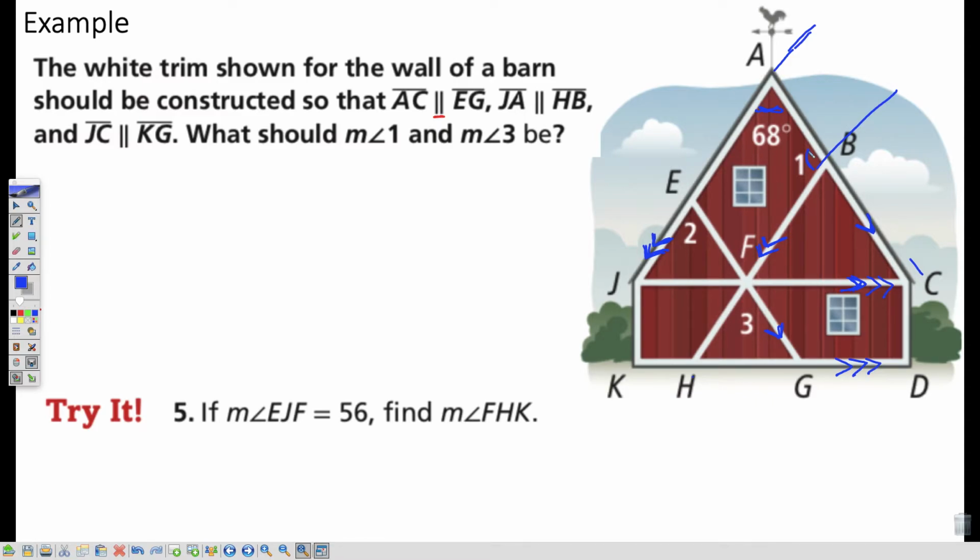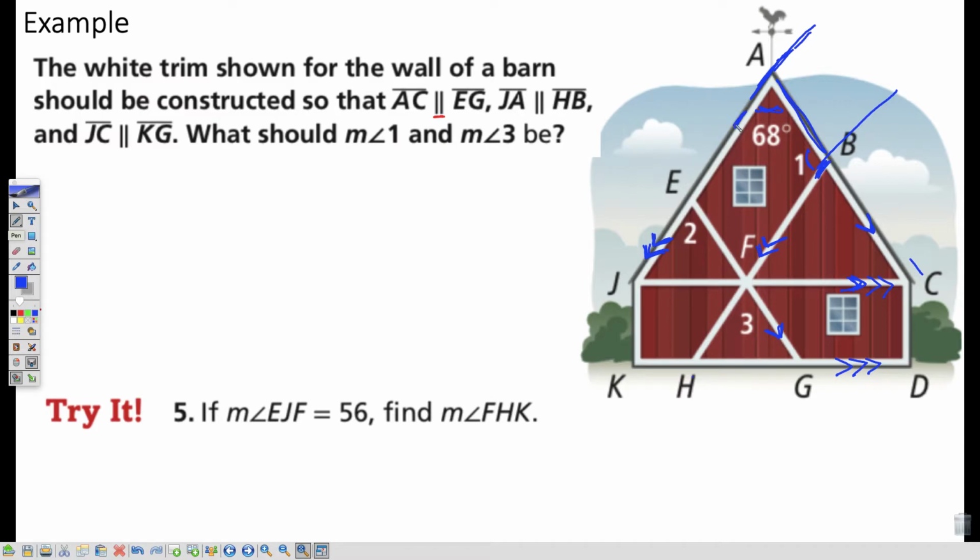They are supplementary. Why? Because they're what kind of an angle pair? Same side interior, correct? Yeah. They're on the same side of this transversal, and then they're interior of these two parallel lines.